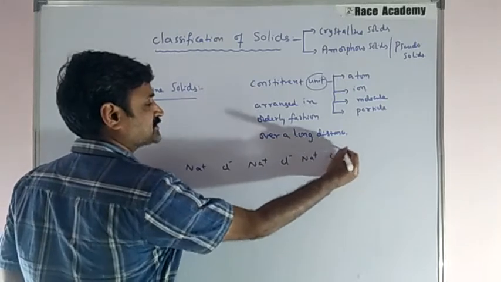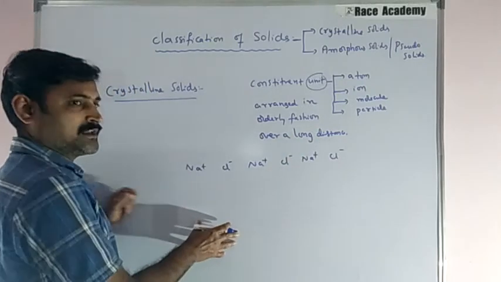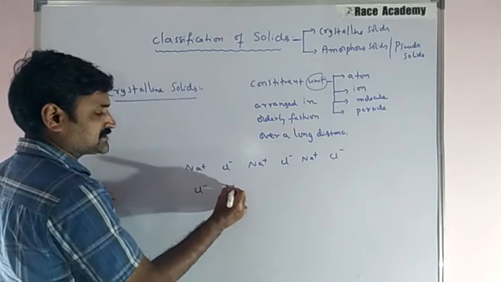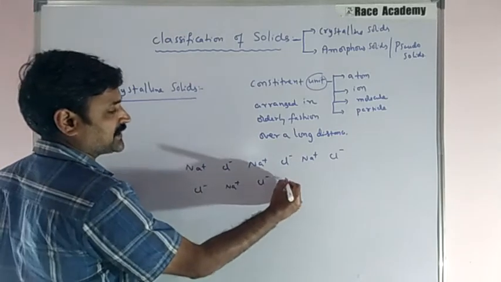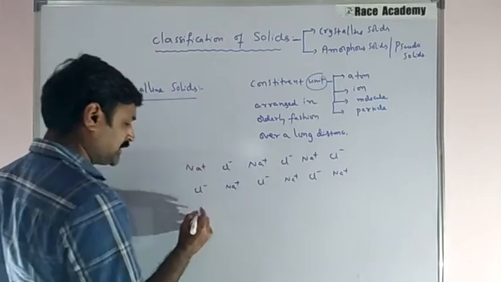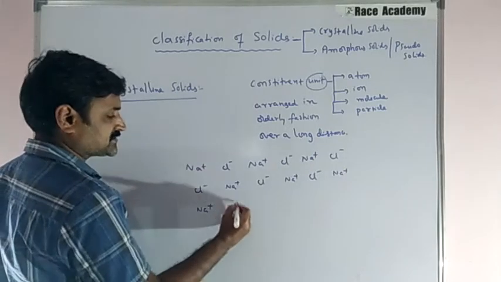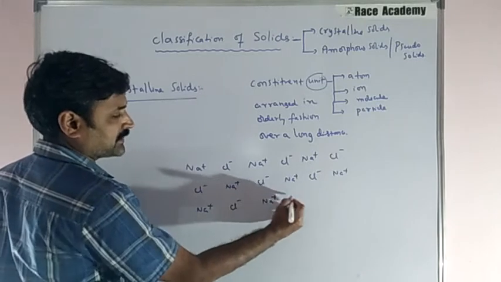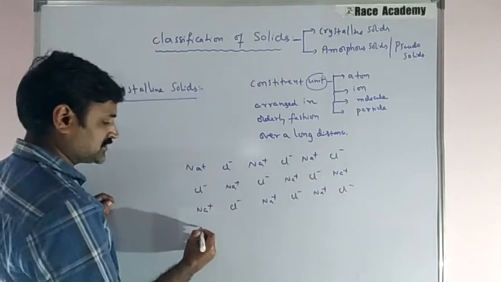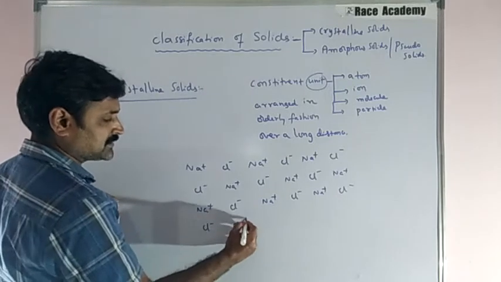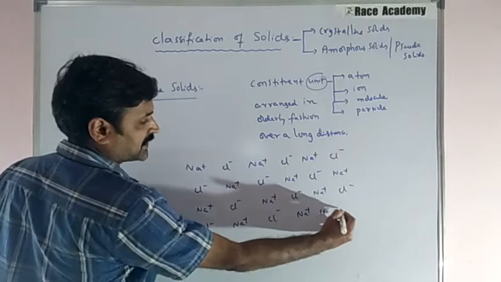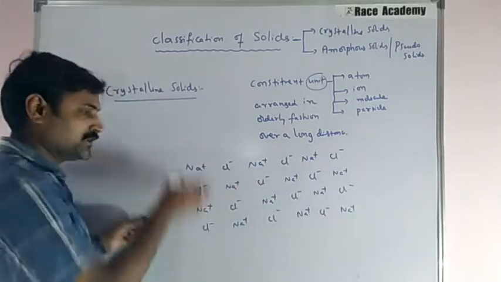Again, when you start from here, it will be Cl minus, Na plus, Cl minus, Na plus. Here Na plus, Cl minus, Na plus, Cl minus. Here it will be Cl minus, Na plus, Cl minus, Na plus.